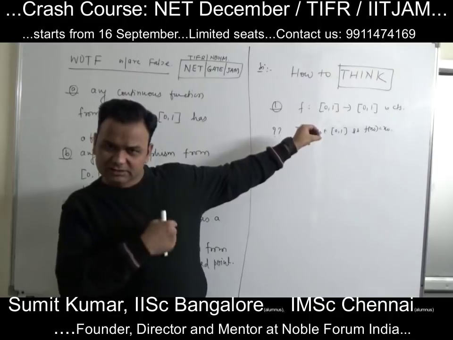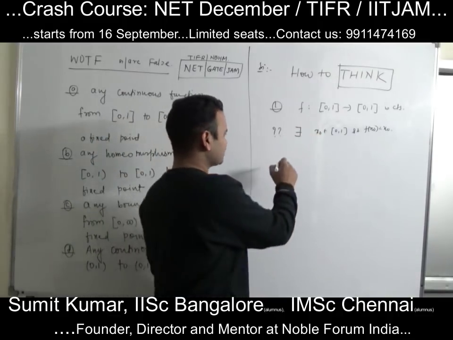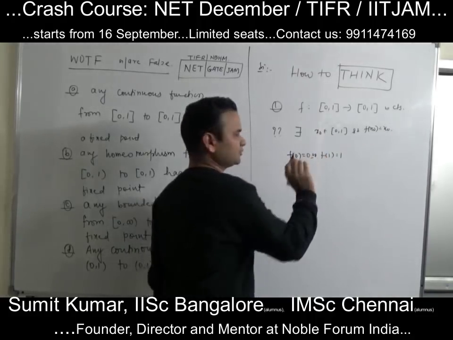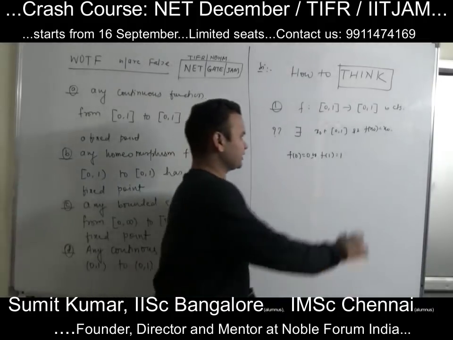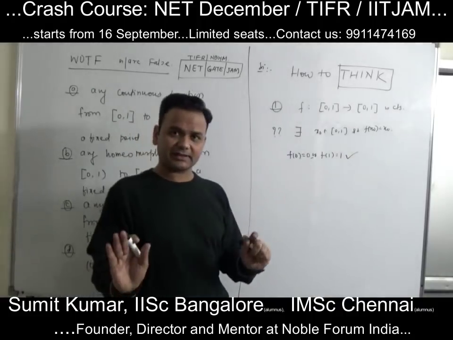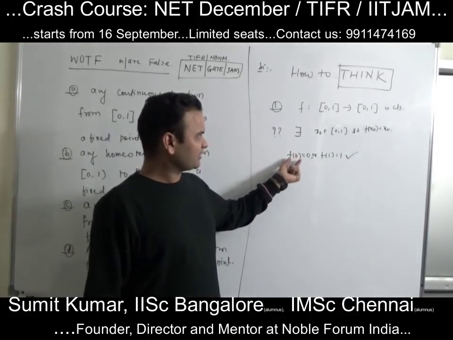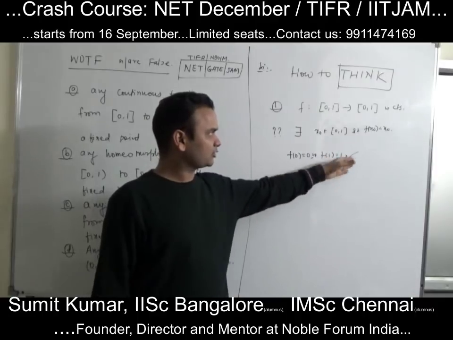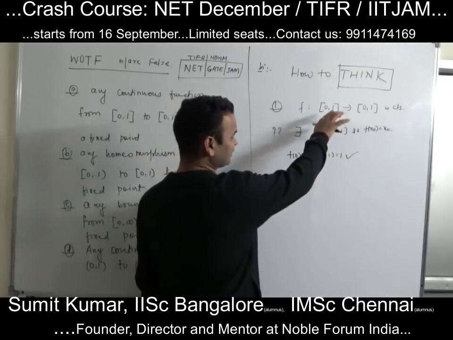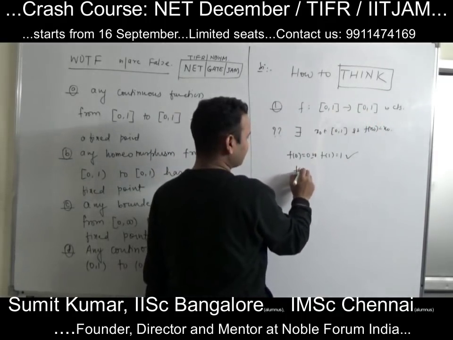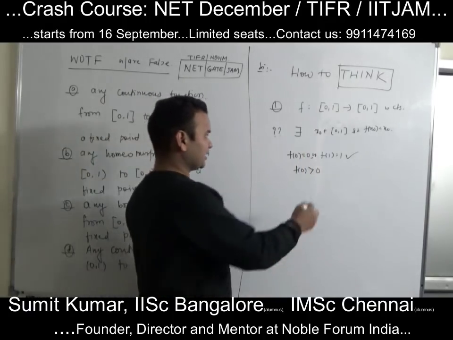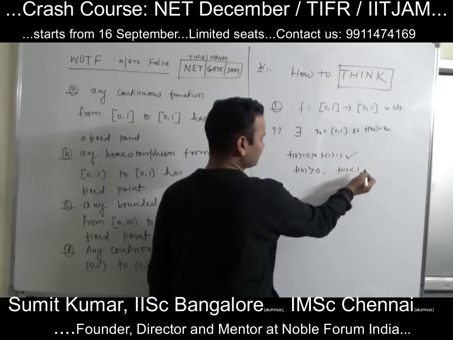So how should we answer this question? If f(0) = 0 or f(1) = 1, we are done. If either one of the conditions holds, we are done. Done means that if f(0) = 0, then I got the fixed point x0, and if f(1) = 1, then I got x0. Suppose neither holds. Since the codomain is between 0 and 1, f(0) is not equal to 0, so it is greater than 0, and f(1) is not equal to 1, so it is less than 1.